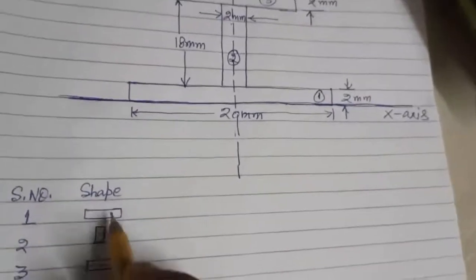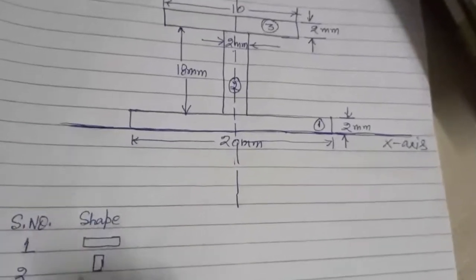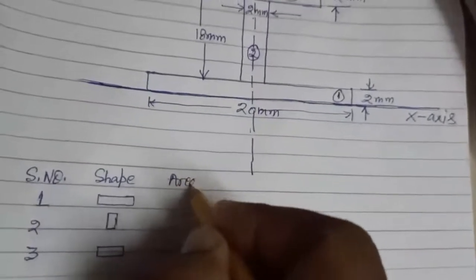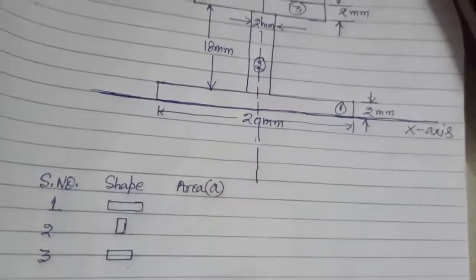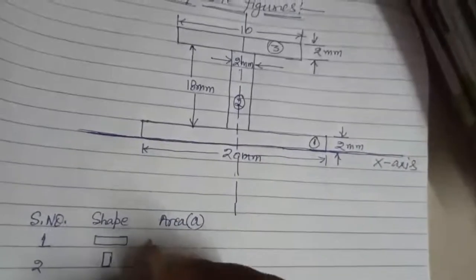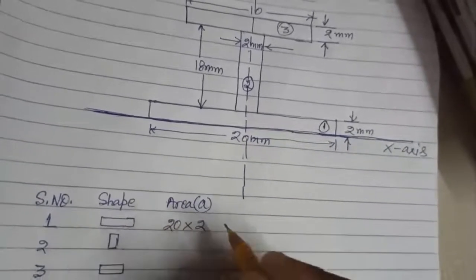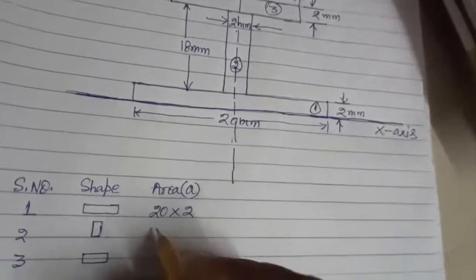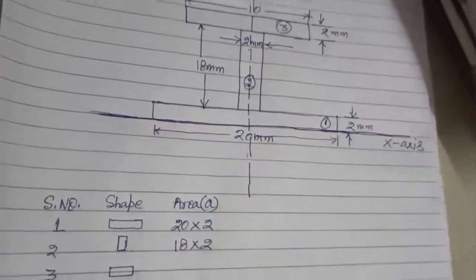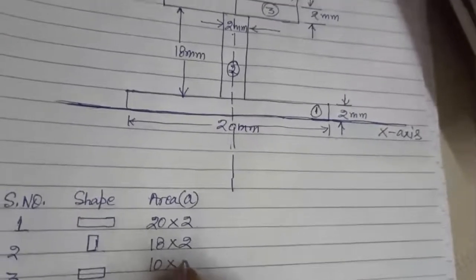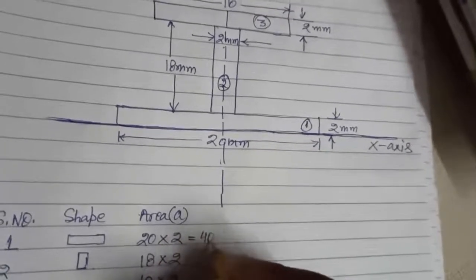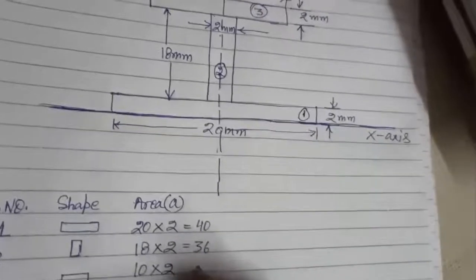Now the area A. Area of rectangle 1 is 20 into 2, area of number 2 is 18 into 2, and area of number 3 is 10 into 2. So these are 40, 36 and 20.